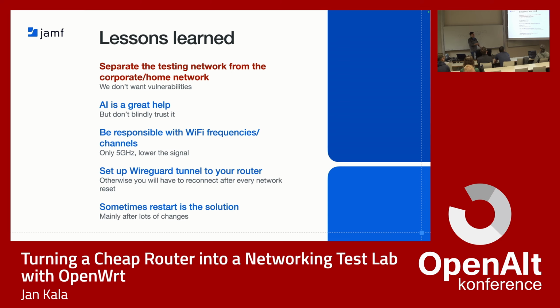Before I started using AI, you basically had to learn about every single command and put it into some shape so you could send it to the router. AI is a great help in explaining it pretty efficiently, but don't blindly trust it, because that is how you can introduce vulnerabilities on the router.